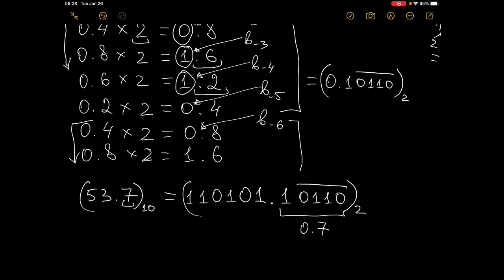So even when representing a relatively simple example like 53.7, in your computer you will not be able to represent it exactly. You will be able to represent it only with some finite precision. Is it clear or not?